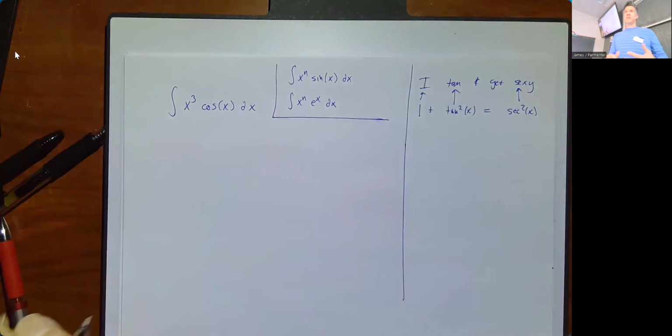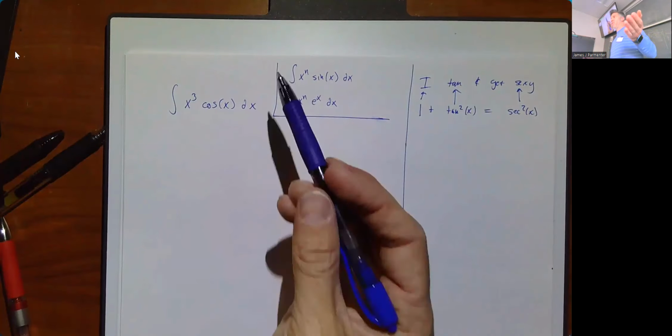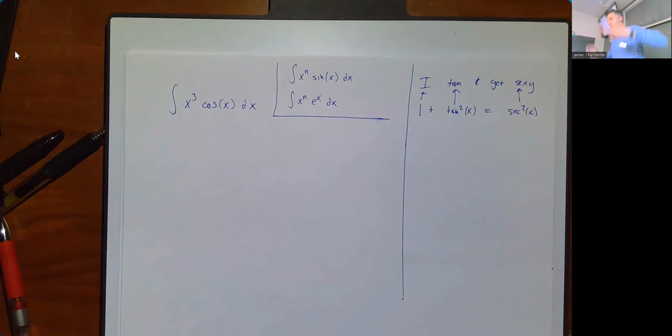And you can throw in some constants as well. It could be like sine of 2x, or e to the 5x, or cosine of 6x, or whatever. And really you can actually have a polynomial, like x to the 4th plus 2x squared plus 1 all times cosine or sine or e to the x. But the basic thing is this. So here's how this works.